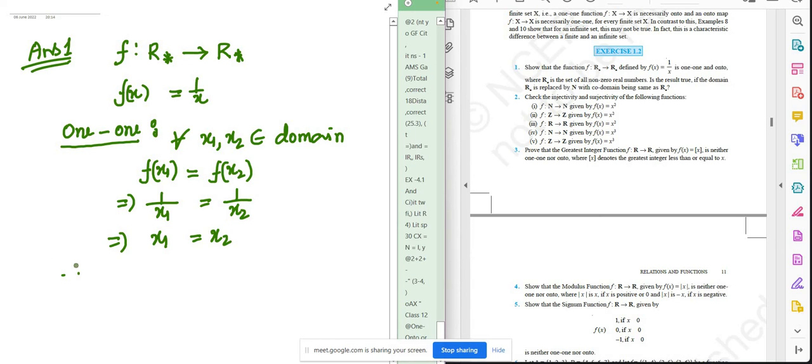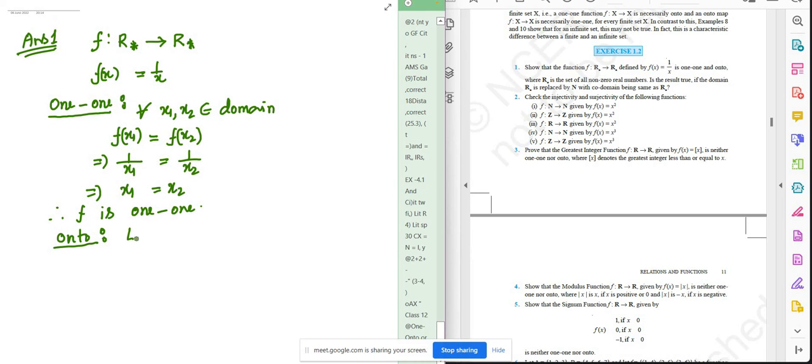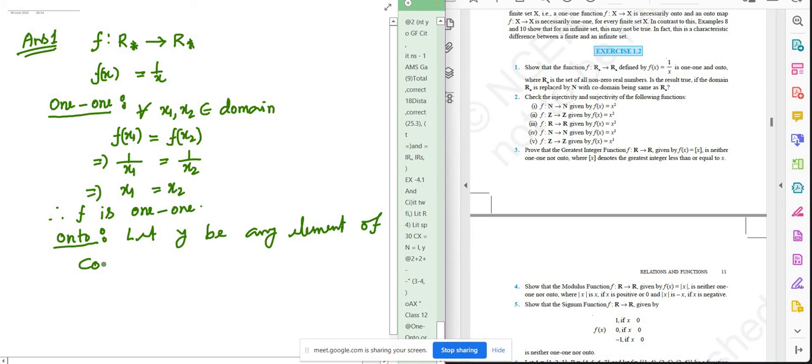Its meaning is every distinct element of the domain has a distinct image in the codomain. So f is 1-1. Now prove whether it is onto or not. If you want to prove onto, let y be any element of the codomain, right?